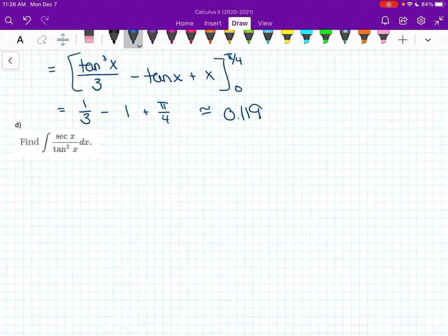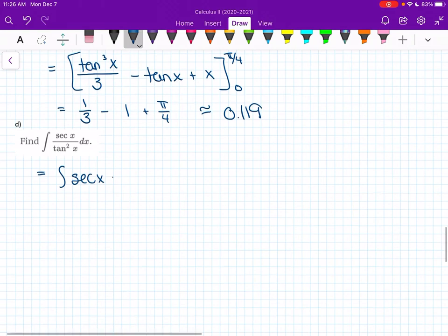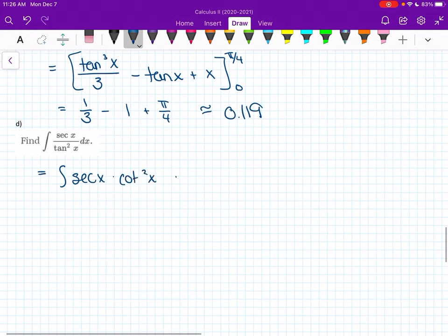All right, two more examples. So our next one is sec x over tan²x. If I look through all of my rules for powers, I do have an even power of tangent, but it is not positive, so we can't use that rule. So this doesn't fit any, so our plan here is to change to sine and cosine. So really this is the same thing as sec x times cot²x.